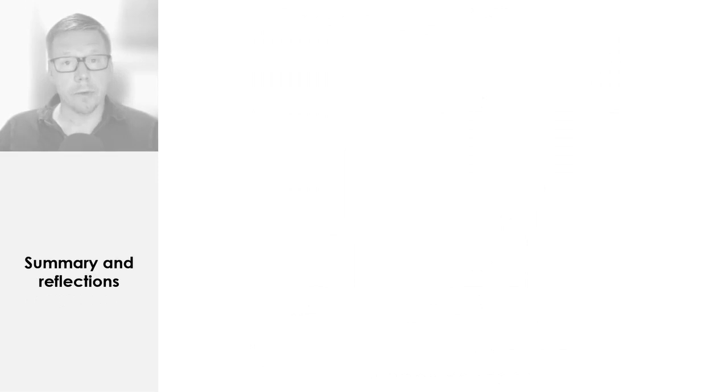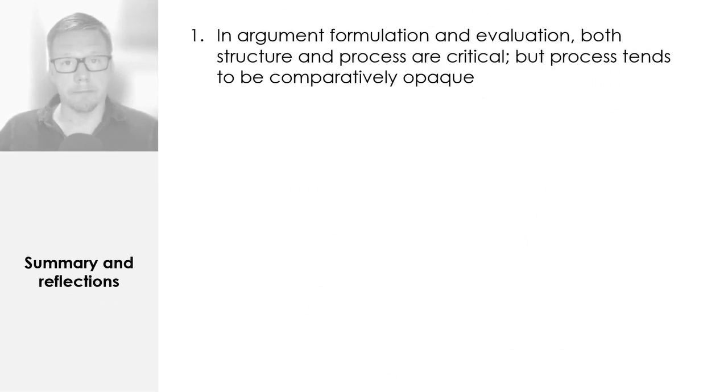And now for my final reflections. Just like in the case of reasoning, the descriptive and the prescriptive criteria are central. Just like I need to understand your reasoning, I need to understand your argumentation. And argumentation has two dimensions, structure and process. The Toulmin model I have found to be very useful in making the structure of the argument transparent.